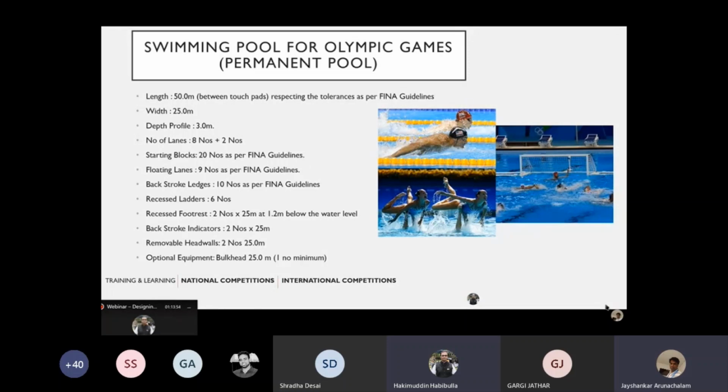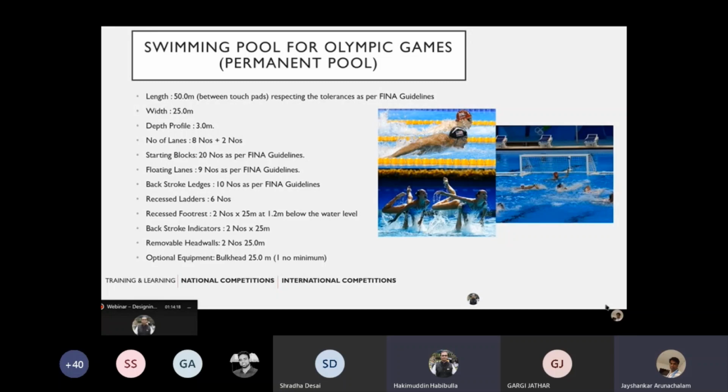You'll need to consider 10 of them. You'll have 6 recessed ladders. You may have to include 2 more if there is the optional equipment of a bulkhead anticipated. Footrest at 1.2 meters below the water level on the shorter ends of the pool, and backstroke indicators at the 5 meter mark, and removable head walls.